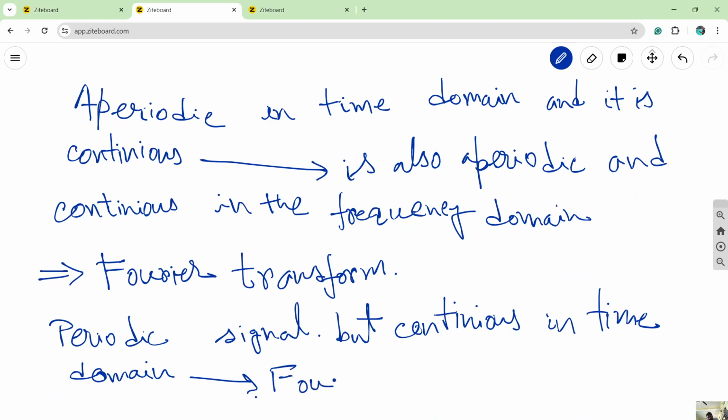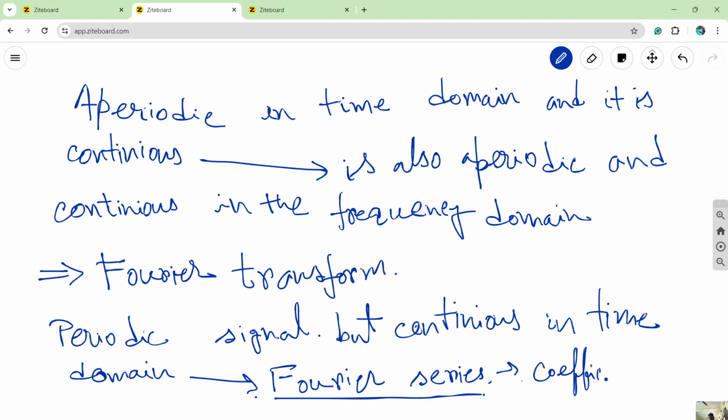This is the rule of Fourier series. So it has particular coefficients in frequency.